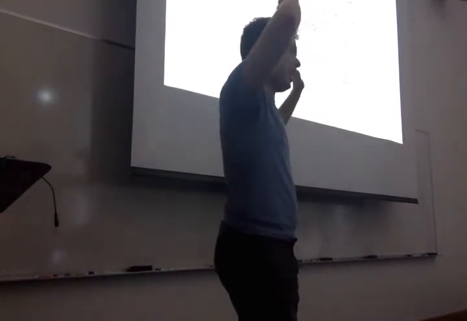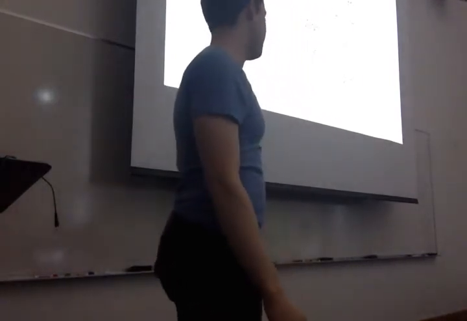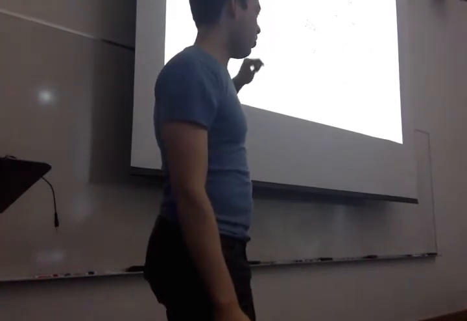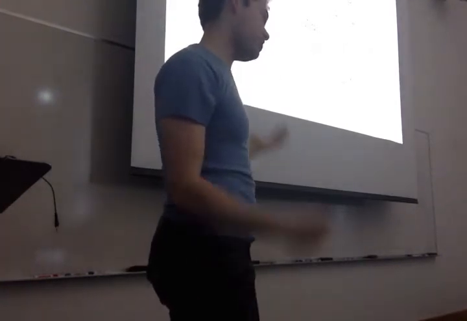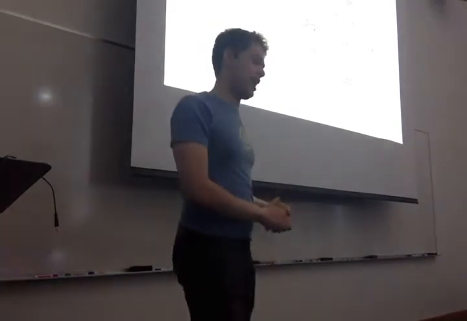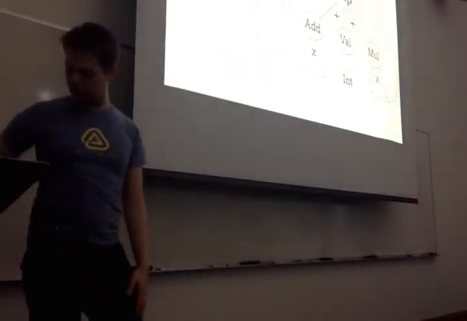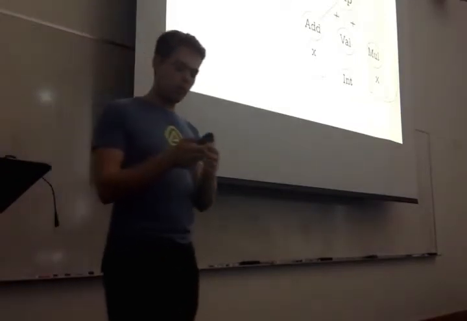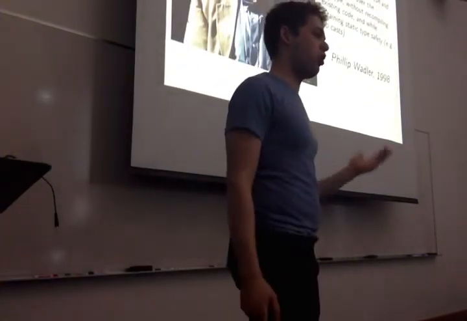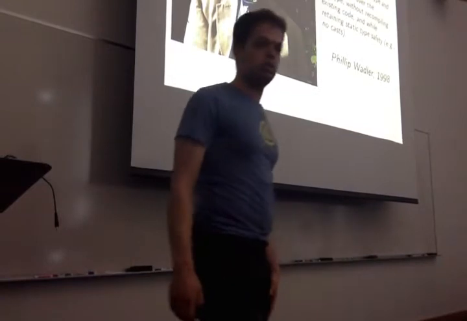Things are recursive and entangled. And because of that, you're basically going to have to write things of type exp arrow exp. And you're already screwed even before you get that far. So what we're running into is what Philip Wadler calls the expression problem.